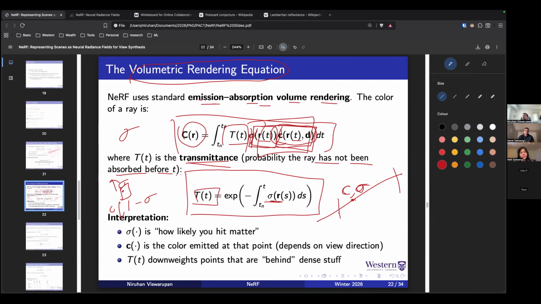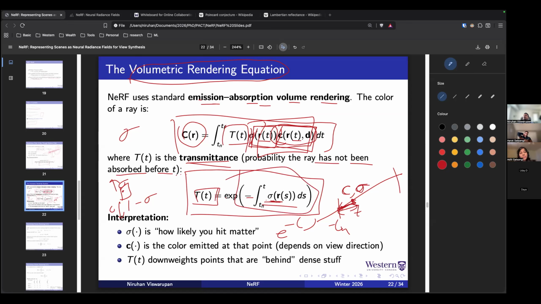So it's an integration from this point t near to, let's say this is the t point that we are interested in, then you integrate just the sigma, all the densities along this region, you take a negative of it and take that to the e to the power negative whatever the quantity that you got. So I think they have chosen this.